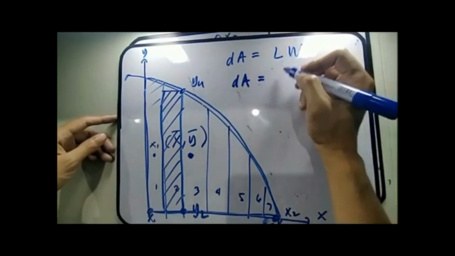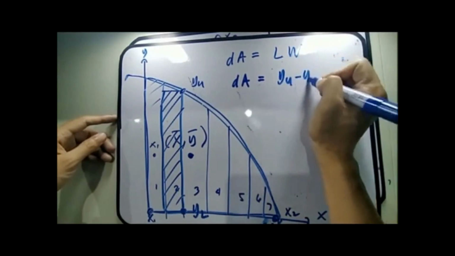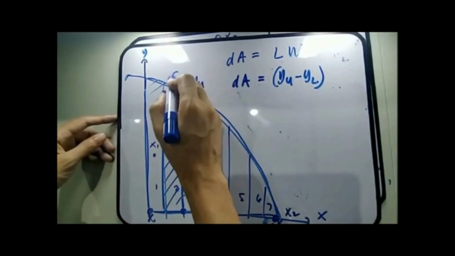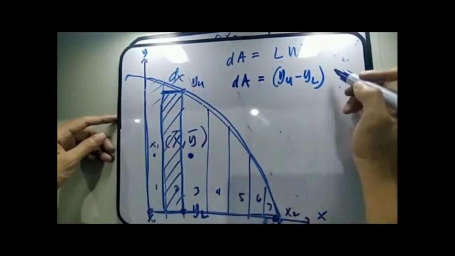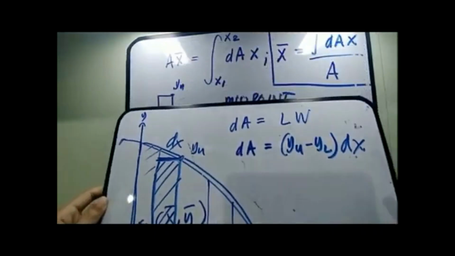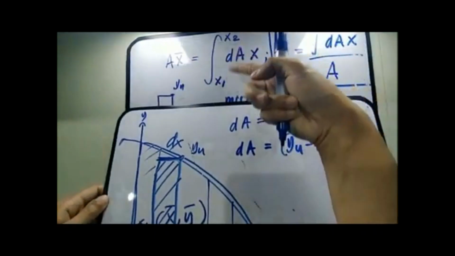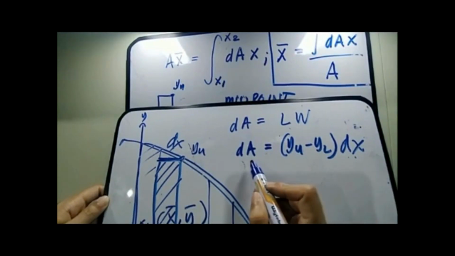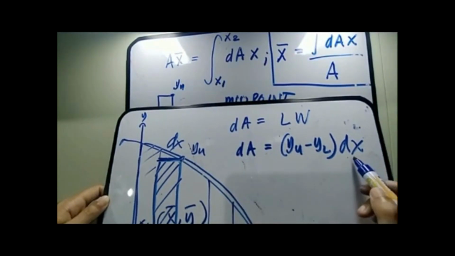So, you have here differential of A is length times width. So, rectangle siya, length times width. Yung length niya is y upper minus y lower. So, that is the distance of the length. Y upper minus y lower, and the width is differential of x. Then, to find A, we need to integrate both sides. So, yun na. Lahat ng elements is nandun na siya.